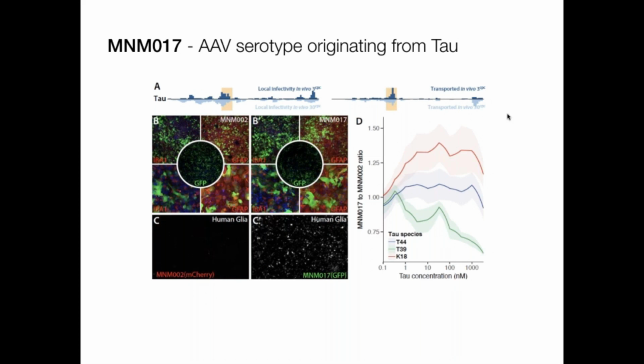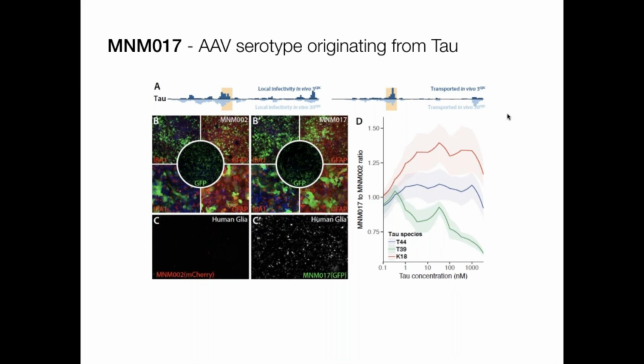Another interesting vector is the M&M017. In this capsid, we have the peptide originating from tau, and we can see that in B, and that this one is efficient in transducing microglia and astrocytes, or it can transduce those.